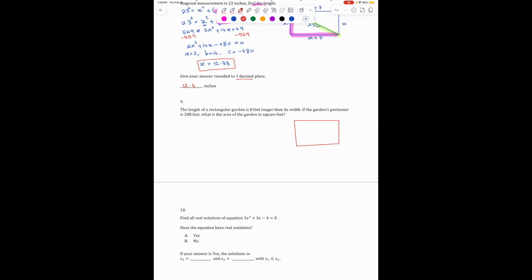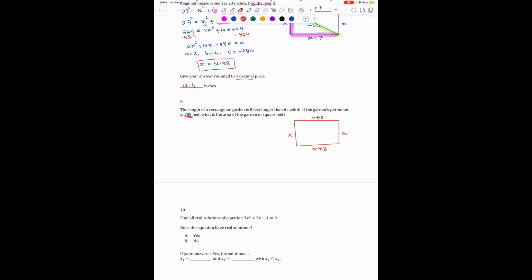I know that one of the widths is x, because I don't know the width, but I know that the length is 8 feet longer than the width, so that is x plus 8. And because this is a rectangle, the other side is going to be the same, and this side is going to be similar to the other side. Although my sketch is not perfect, hopefully you get the idea.